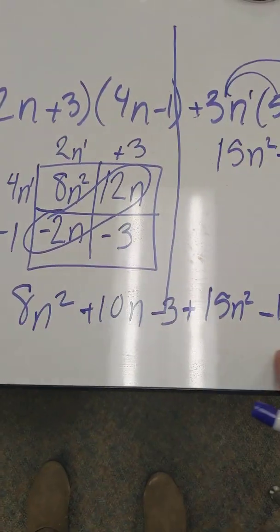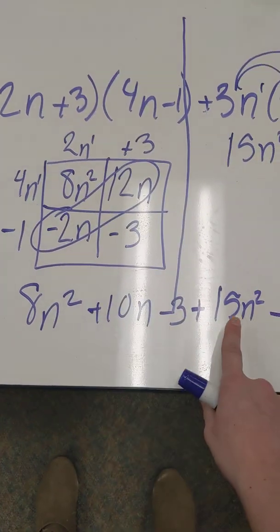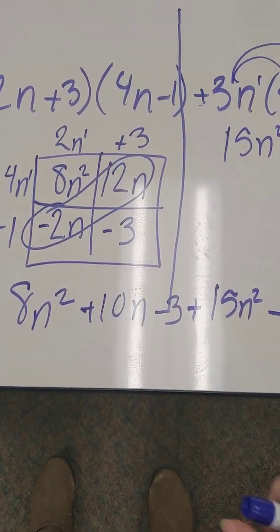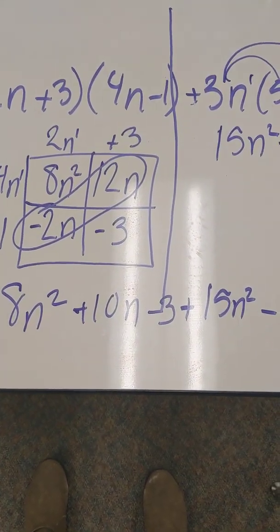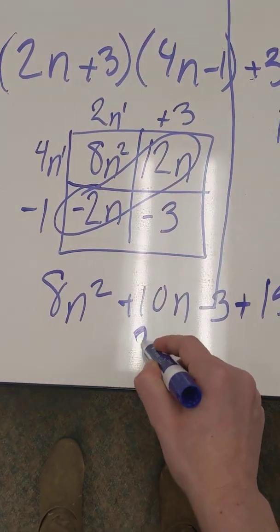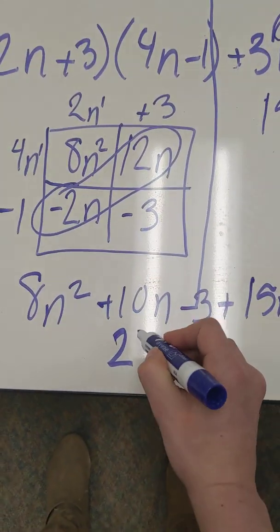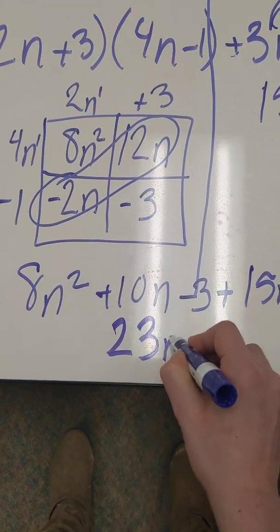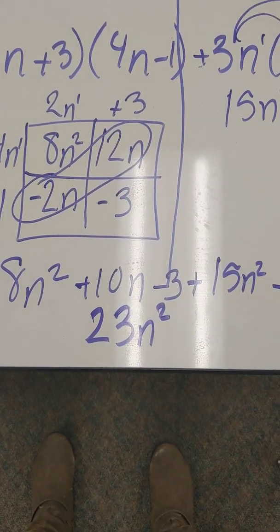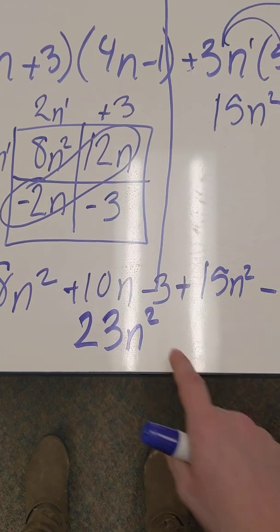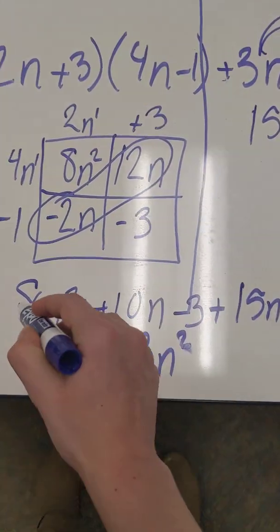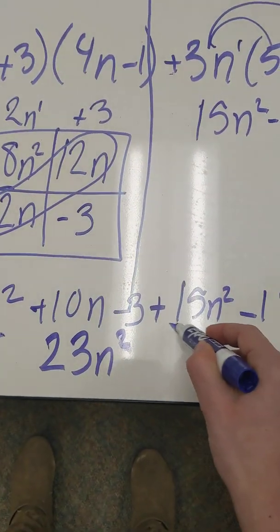Now I'm just going to look for like terms and add. So I have 8n squared and 15n squared. Remember, we don't change the exponents. Maybe I want to even underline those. Those are like terms.